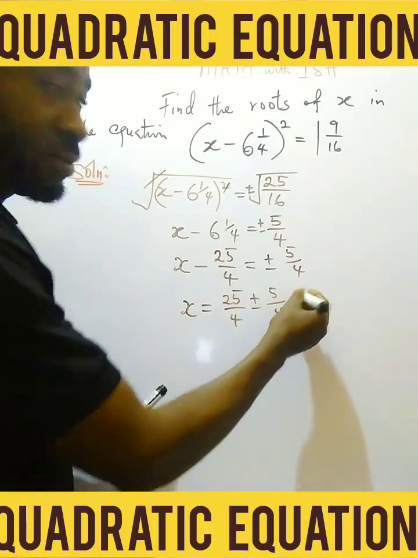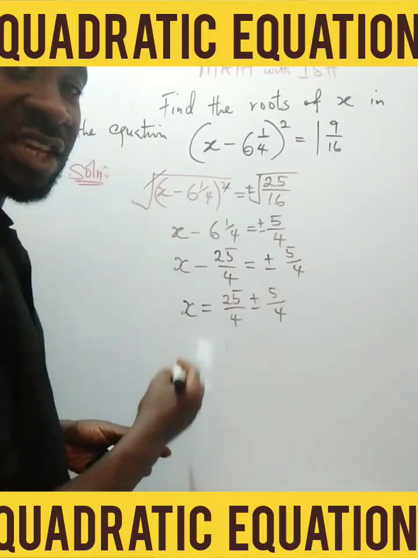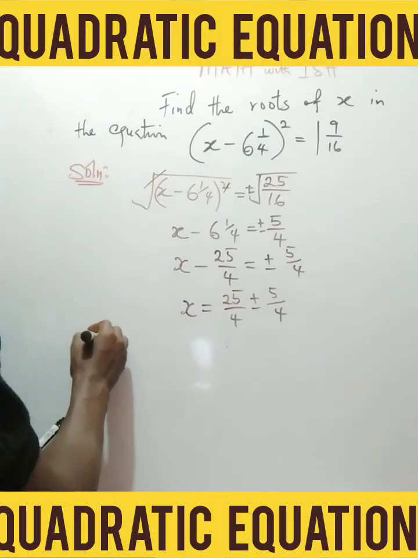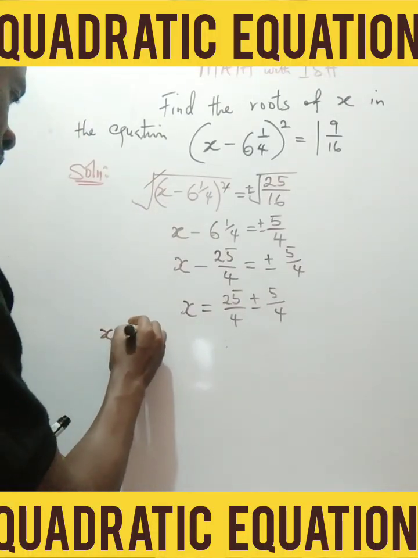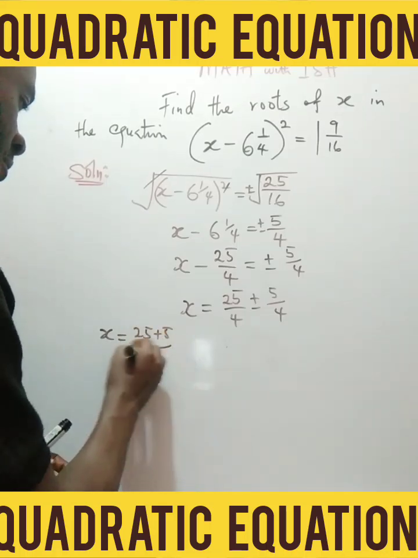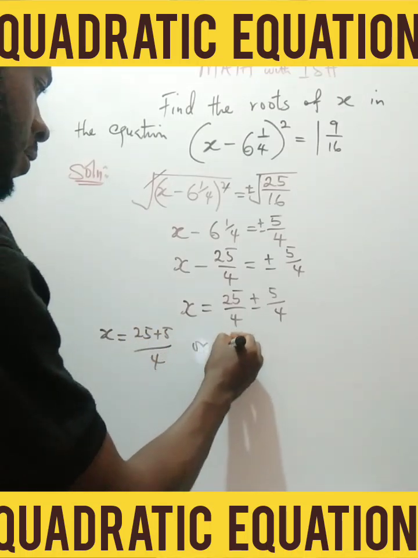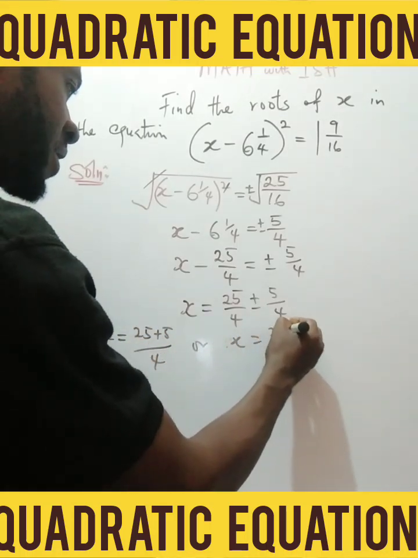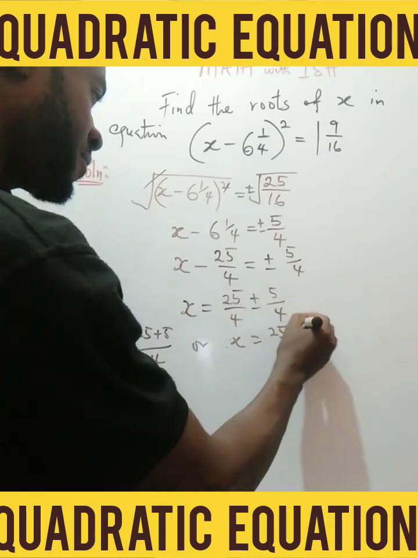And so from here, we can actually get our values for x as we can now say that x is equal to 25 plus 5 over 4, or x is equal to 25 minus 5 over 4.